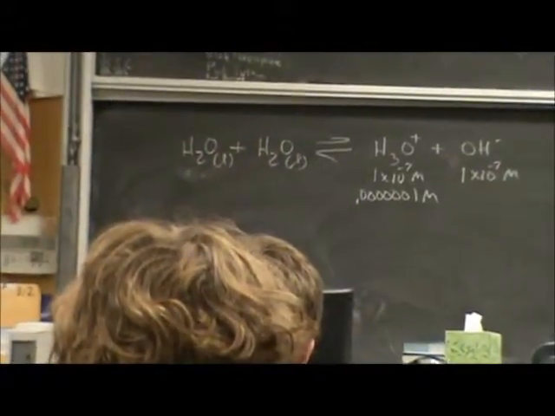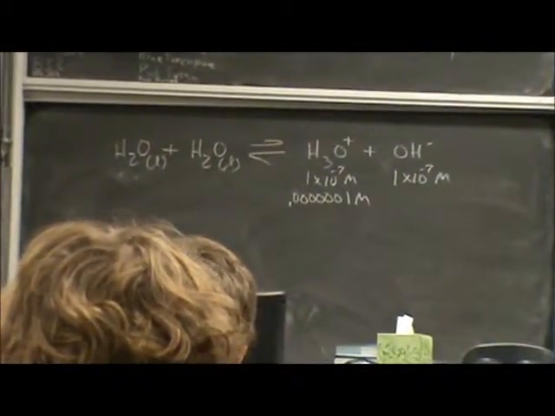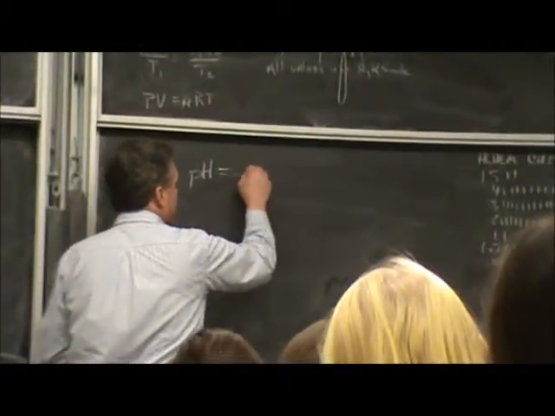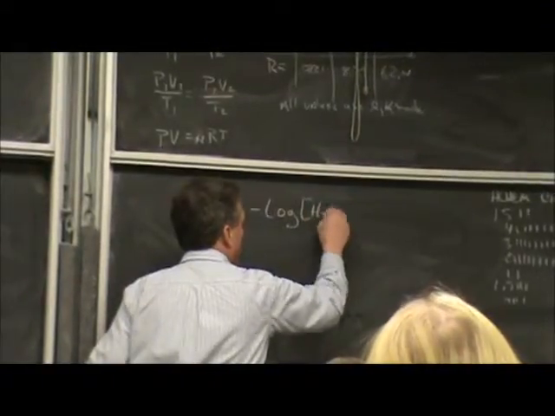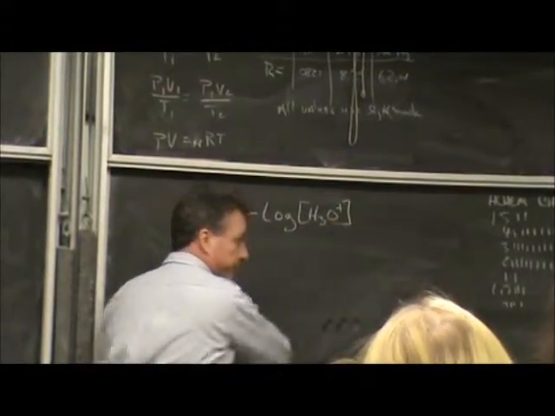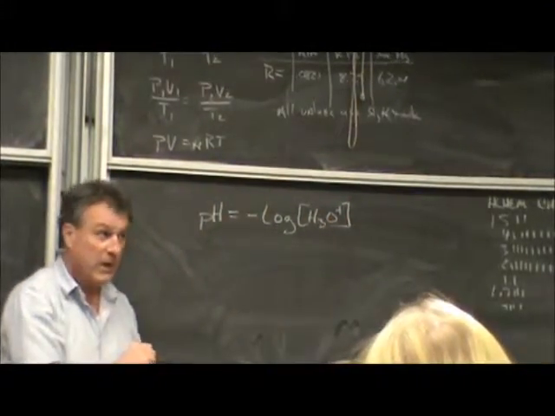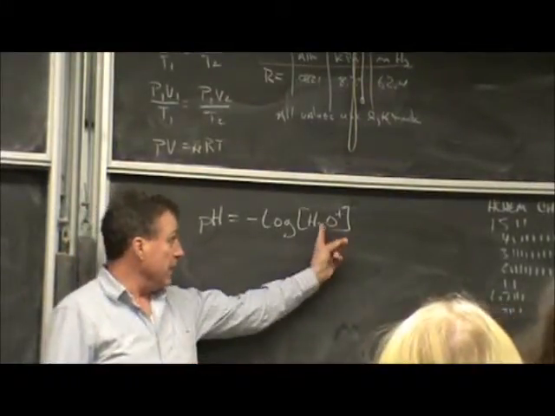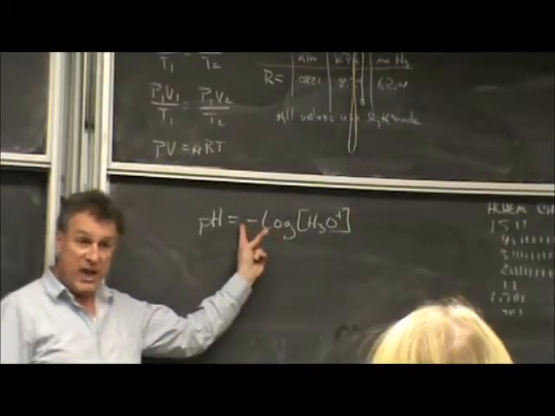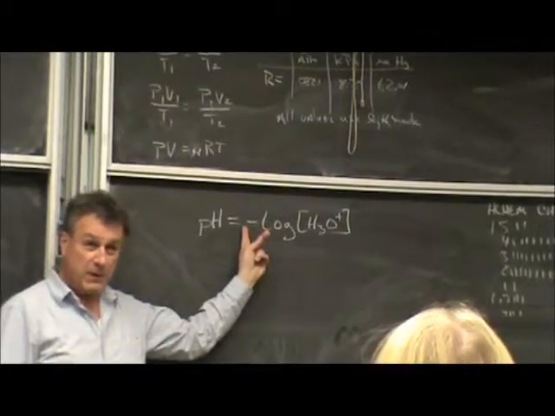And of course, since pH is defined to be the negative of the logarithm of the hydronium ion concentration, if we know the hydronium ion concentration, we take the log, change the sign, right?